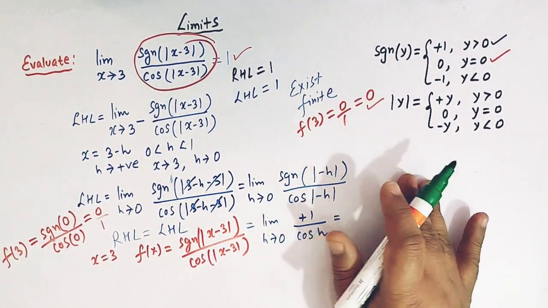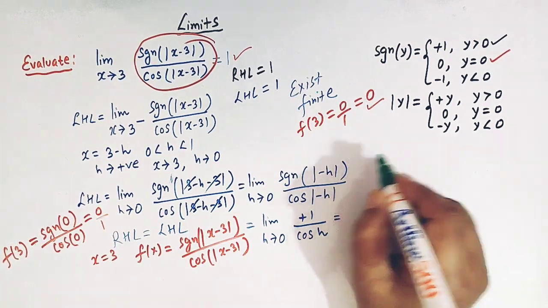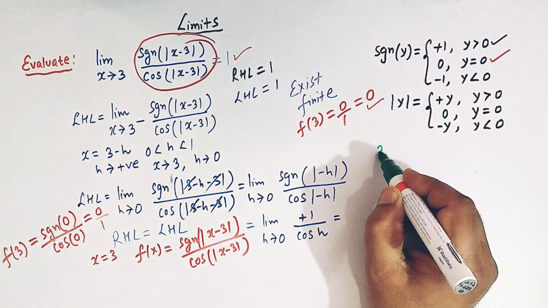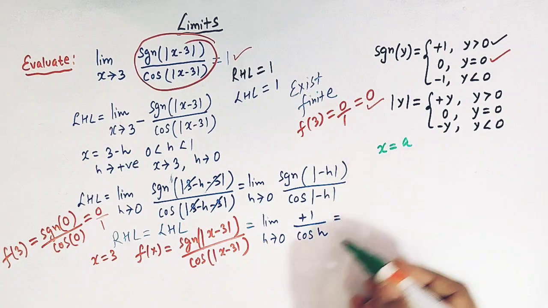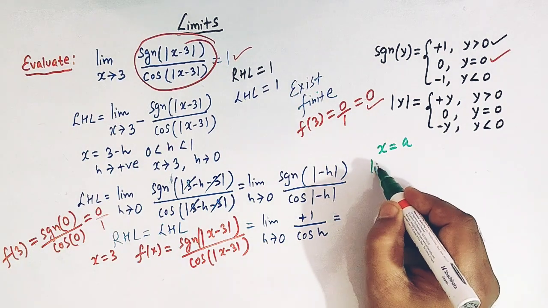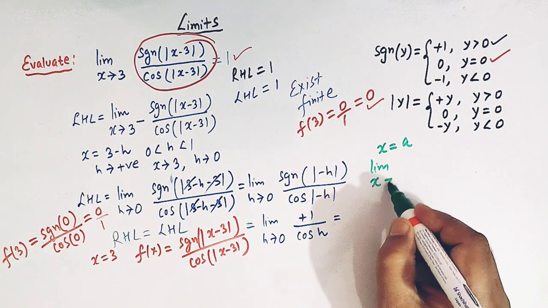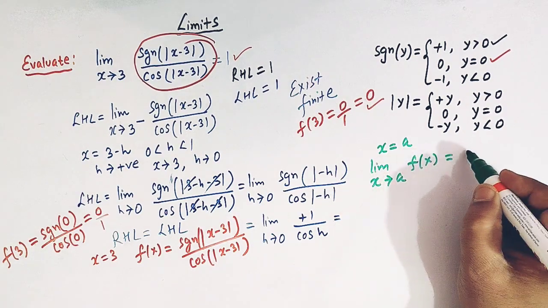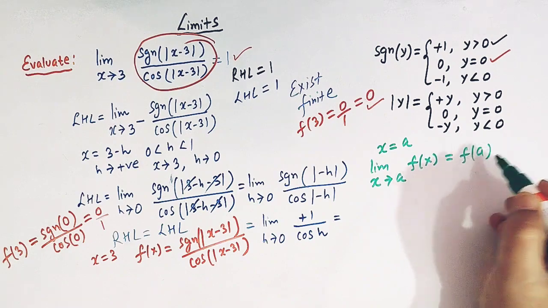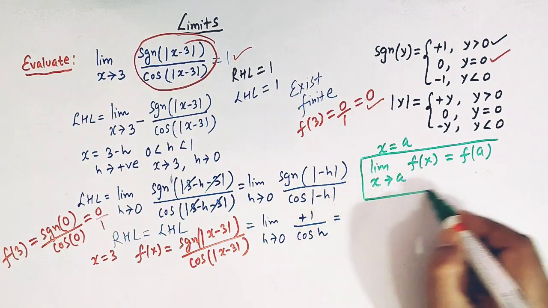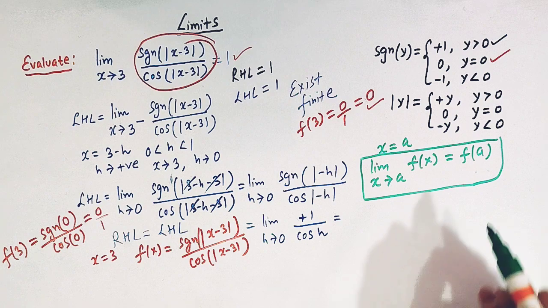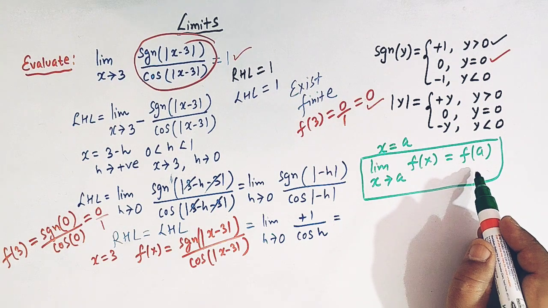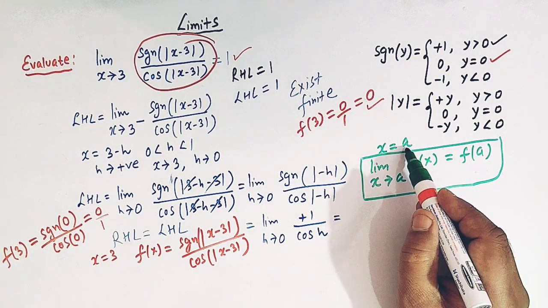Viewers, here we know that a function is said to be continuous at some point, say x is equal to a, if the limit of the function when x approaches a must be equal to f of a, right? So this is the condition for continuity of a function at some point x is equal to a.